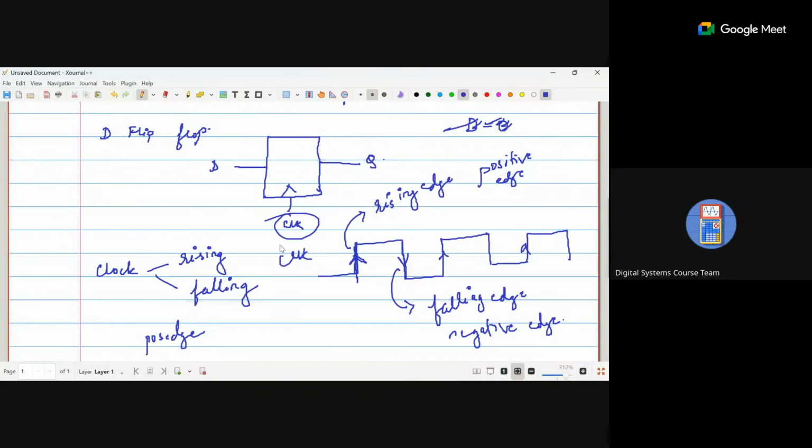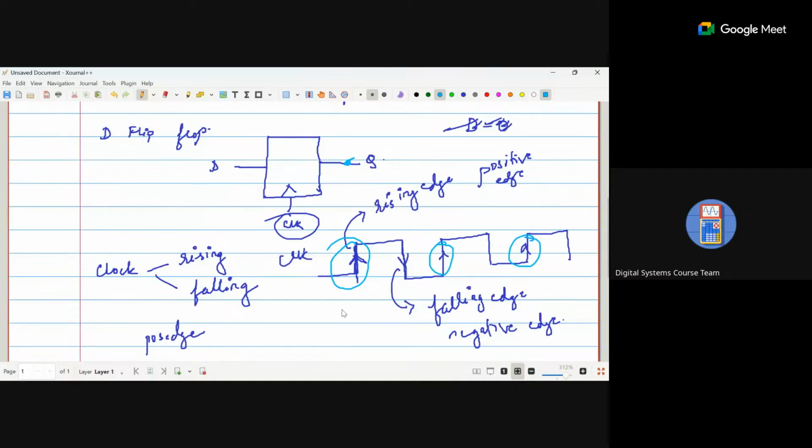So whenever the clock signal is going high, here, here and here, only at that time does the output come out. At all other times the output remains the same without any change. During the negative edge, nothing happens.